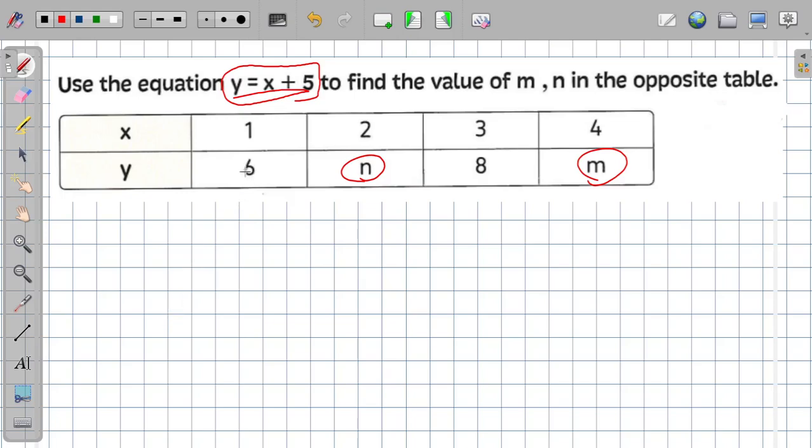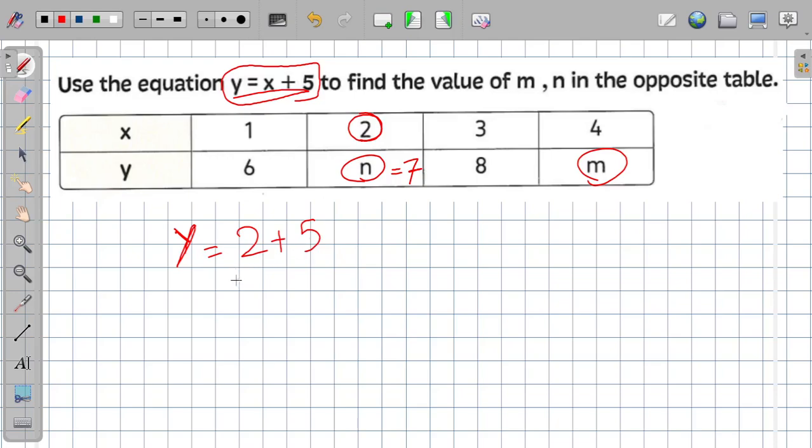So I substituted x by 1 and I got 6. Next I will substitute x with 2. So I can say y equals 2 plus 5, because I don't know the value of y. So 2 plus 5 equals 7. So here n equals 7.